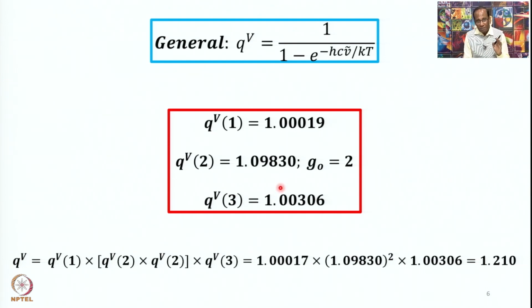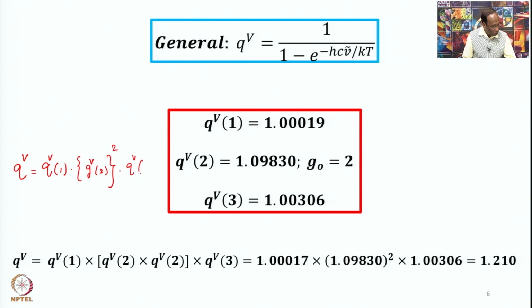In any case, the overall partition function is going to be QV of 1 into, the second one is doubly degenerate, so I can write QV of 2, this will appear twice, so squared, into QV of third. That is what I was saying, the second one will appear twice because the degeneracy is 2.